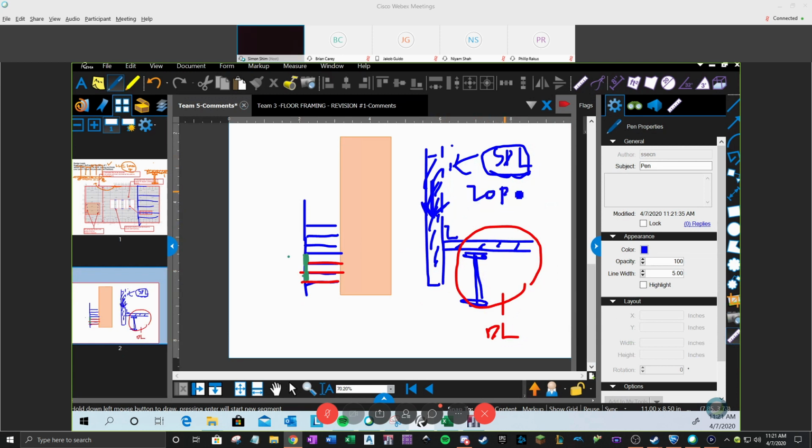This superimposed dead load has a weight that varies. Sometimes curtain wall is 20 psf, brick and concrete block could be 80 psf, or precast panel. It depends on thickness. Glass curtain wall is very light, but precast, brick veneer, and concrete block wall are very heavy.